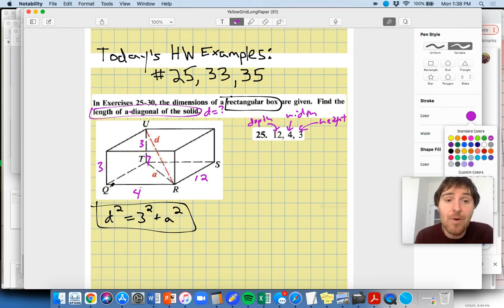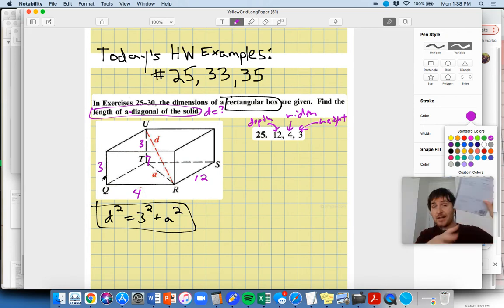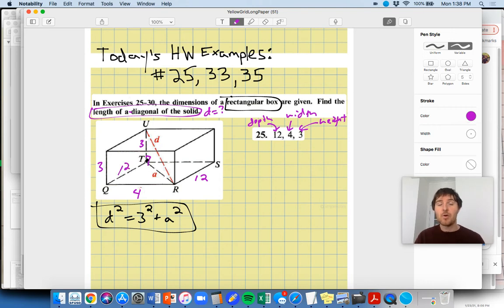Because this is a rectangular box, the bottom of this is going to be a rectangle. This is 12, and this is going to be 12 over here, okay? So here we have triangle TQR. Watch the other video if you're getting lost on this. I color code stuff down here, so hopefully you see it. I'm assuming you watched the other video. Triangle TQR, yeah, it's a right triangle, right? Why? It's a rectangle.